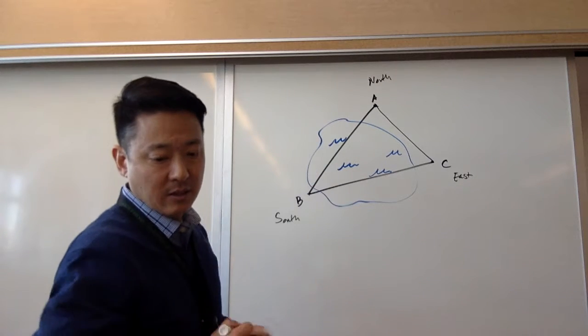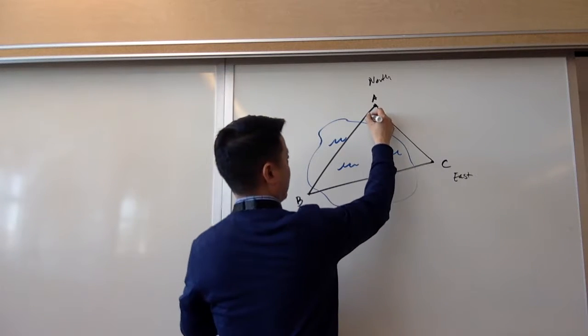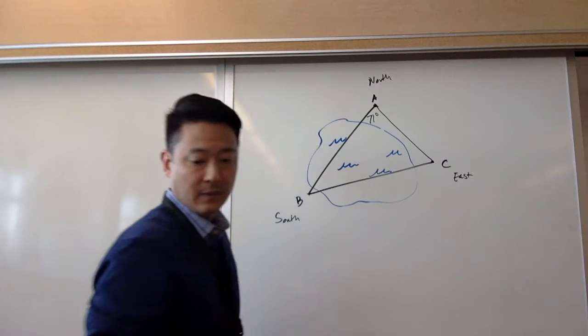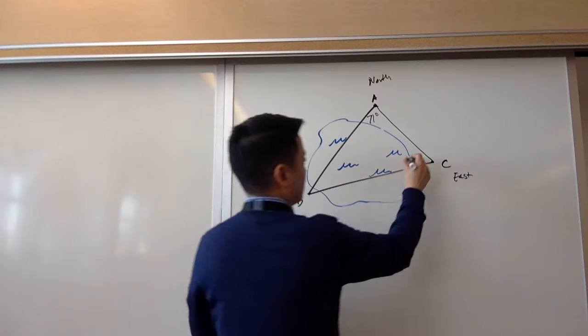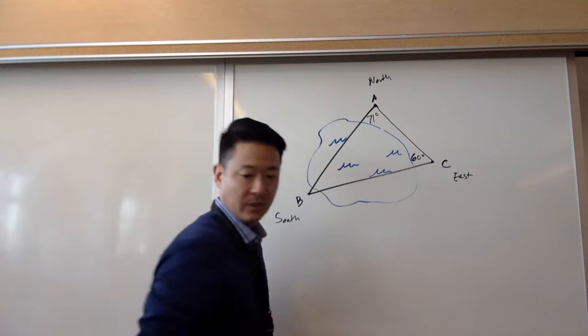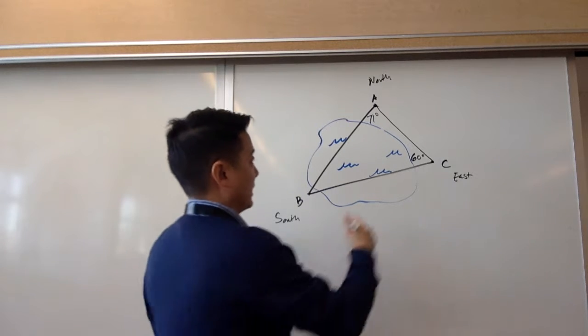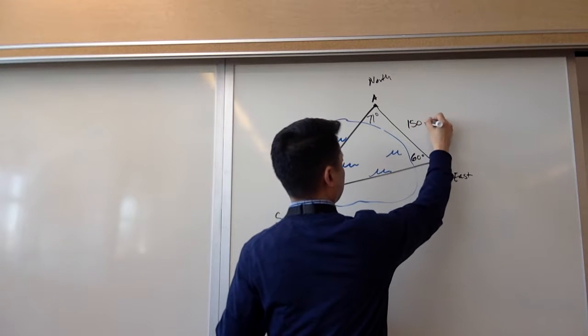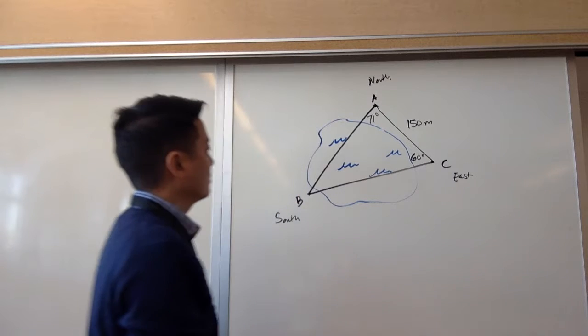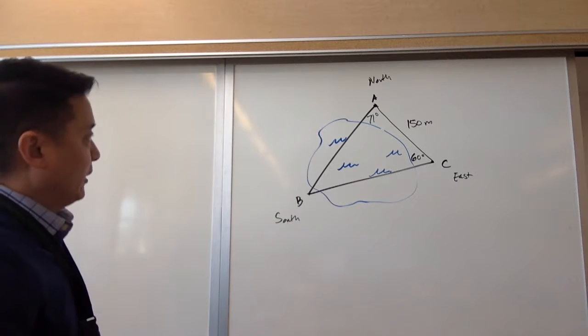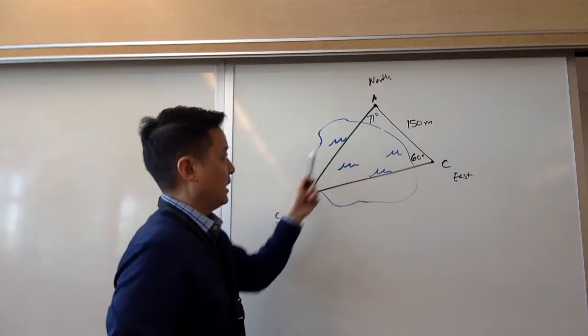And he notices that angle A measures 71 degrees. Angle C measures 60 degrees. And he notes that the distance from A to C is exactly 150 meters. So we want to know, what is the distance from A to B?